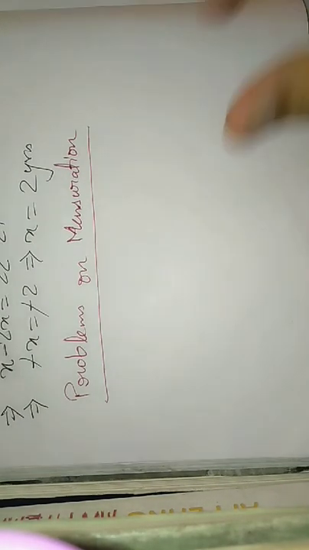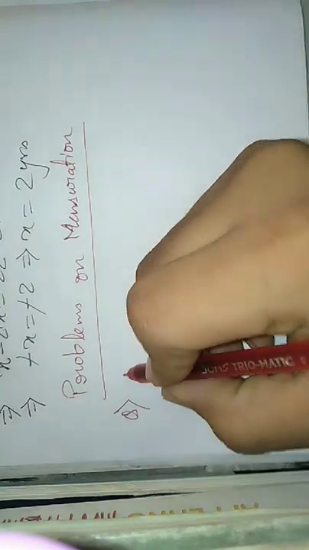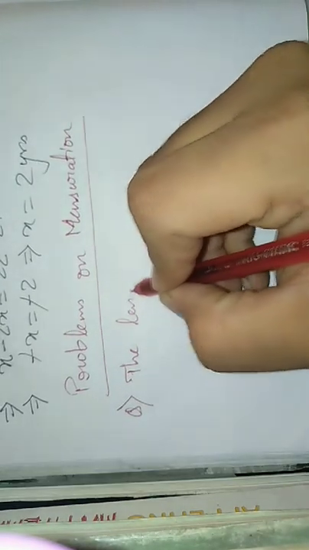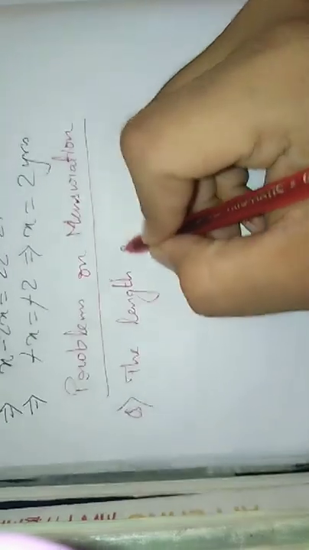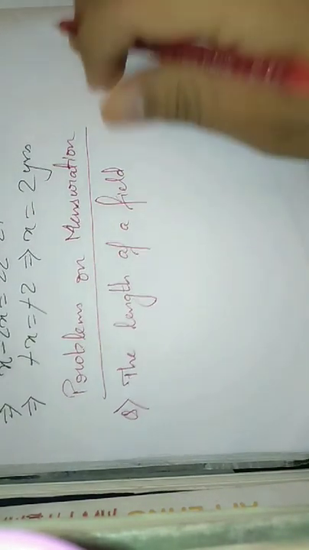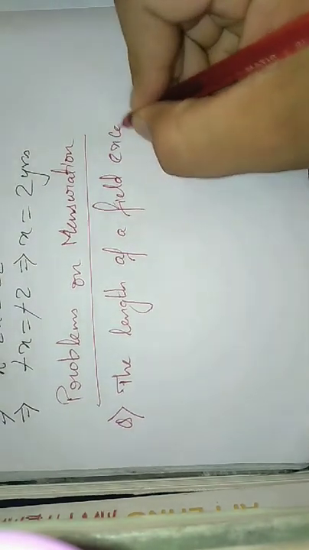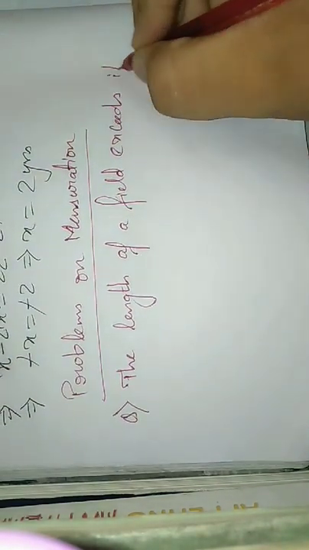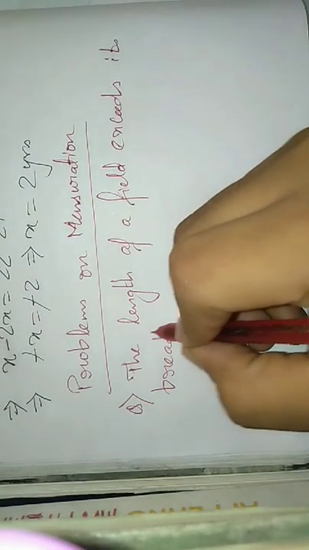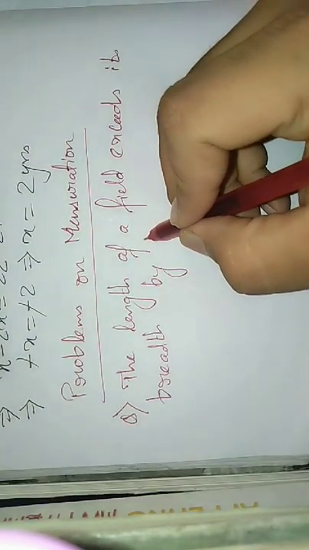So the first question we will take: the length of a field exceeds its breadth by 5 meter.